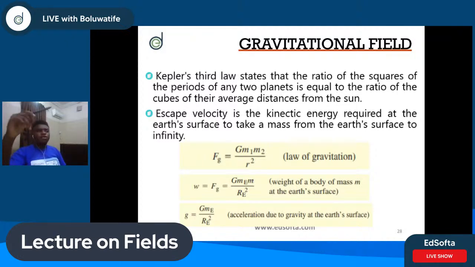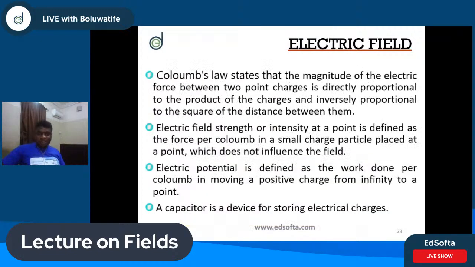So he's saying that if I raise their periods to the power of two and calculate a ratio for that, it's going to be the same as the ratio of the distances between each of those planets and the sun. So you just need a basic understanding of Kepler's law, so that when they ask you theoretical questions, you would understand what is being said.